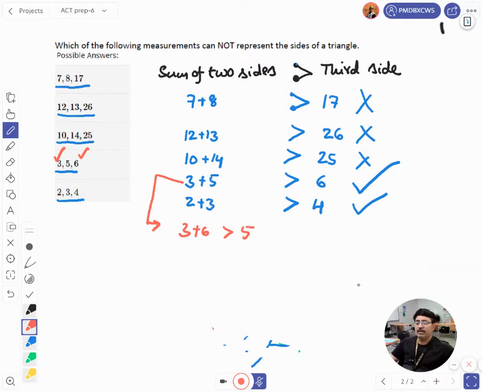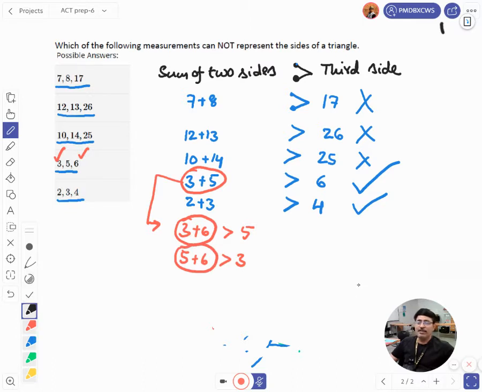Yes, it is. So I checked 3 and 5, 3 and 6. Now let me take 5 and 6. Is it greater than 3? Yes. So you have to check all the combinations. I checked 3 and 5, 3 and 6, and 5 and 6. Is each greater than the third side? Yes.